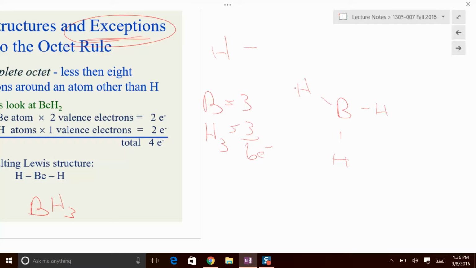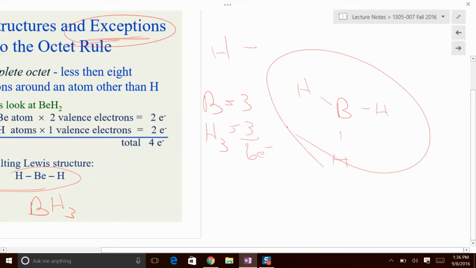It's not going to form any covalent compounds. Beryllium barely does it. But you can form a BH3 or BeH2 molecule, which is fairly covalent. Those are the 2 exceptions, besides hydrogen, that I expect you to know.